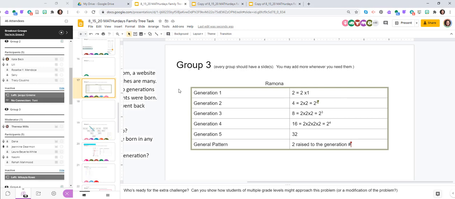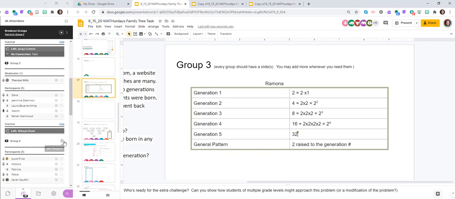So for 10 generations, it'd be 2 to the 10th power. Yeah. That's question number 2. Well, so could we insert over here? Insert. Oh wait, how do you do the table now? We need to insert over here.